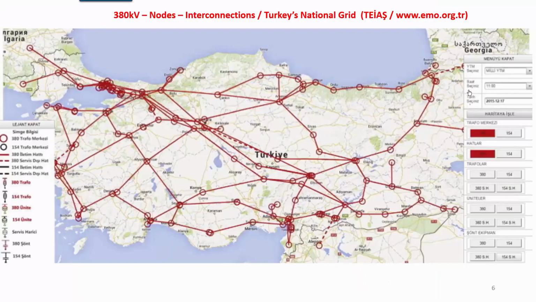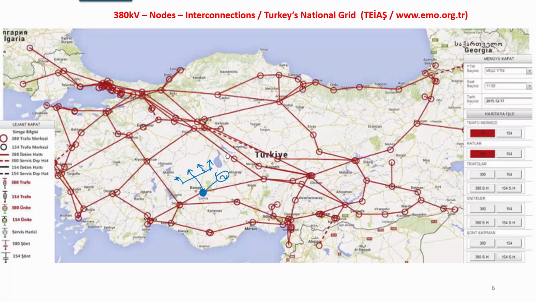In this slide, you see 380 kilovolt transmission lines in Turkey's national grid. There are multiple nodes. For example, in Konya node, there would be multiple power stations generating electric power, and there are also many load centers: some industrial loads, some domestic loads, and there will be some capacitive, inductive or pure ohmic loads.